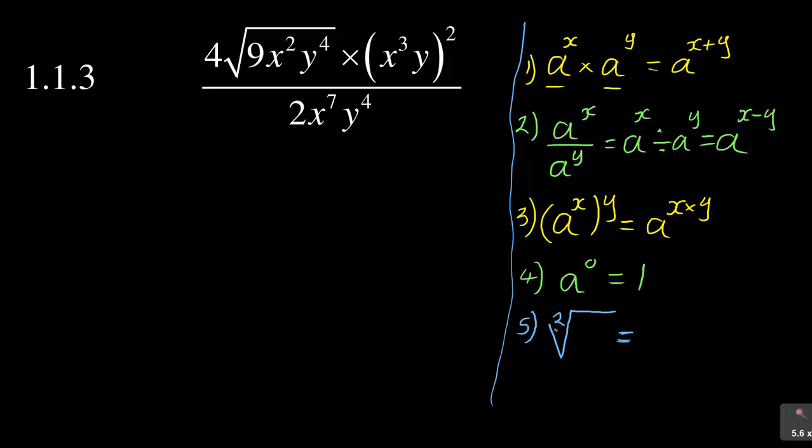So when you want to introduce the exponents, you put a bracket, whatever is inside there, you say to the power of half. For example, if you say square root of 4, then it means 4 in brackets to the exponent half. That's what basically it means. So we're going to be using all these in this particular question.